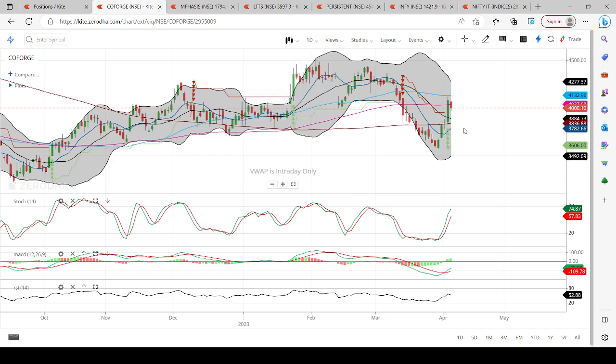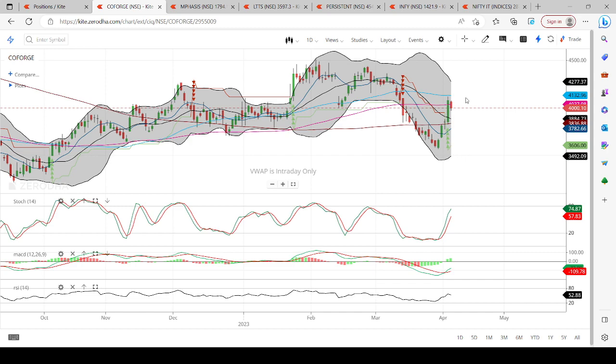So over here it is already above the moving averages 20, 200, 100. Only thing pending is the 50 moving average. 4132 is the level. Any close above this level will definitely take it above 4500. For sure it will happen.